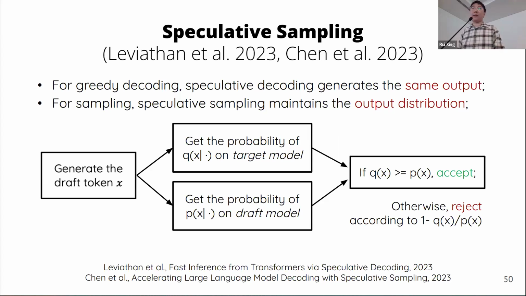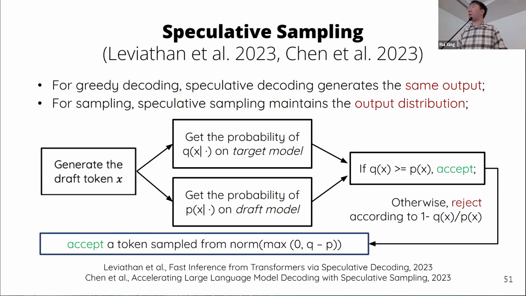If it is rejected, we resample a token from a designed distribution instead of the original draft distribution or target distribution. It's relatively complex, but it is verified in theory. It shares the same output distribution as the original model. So this is speculative sampling.